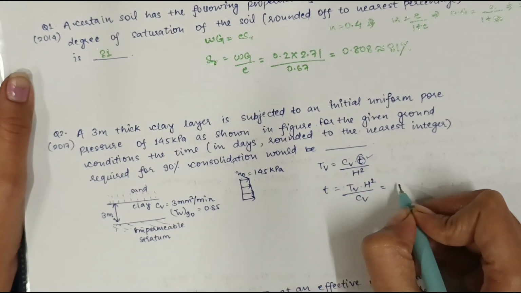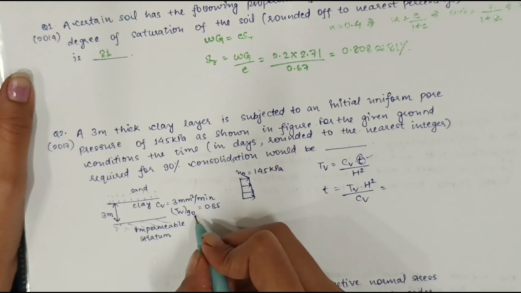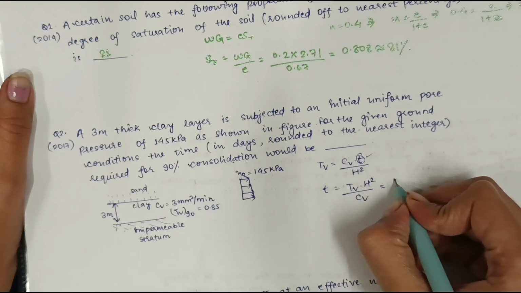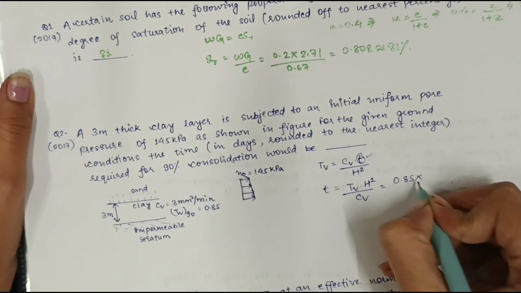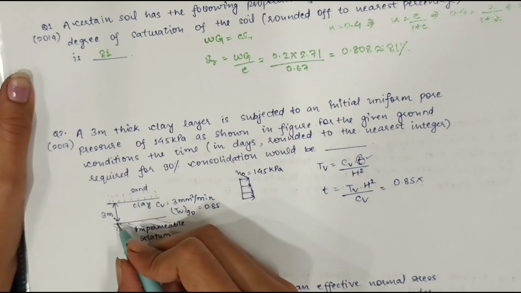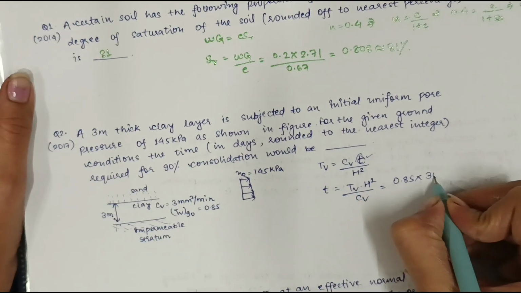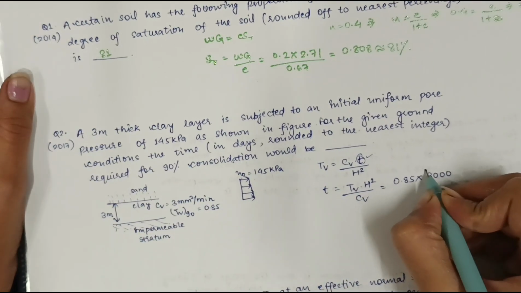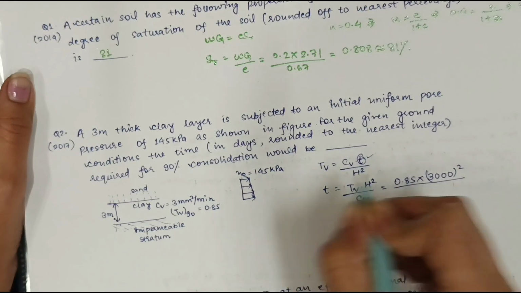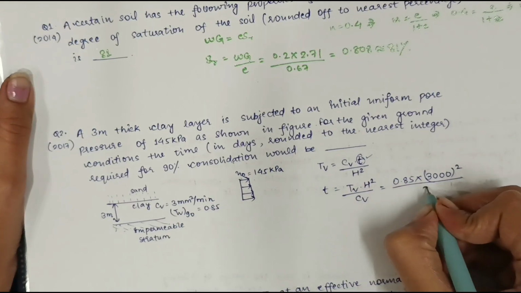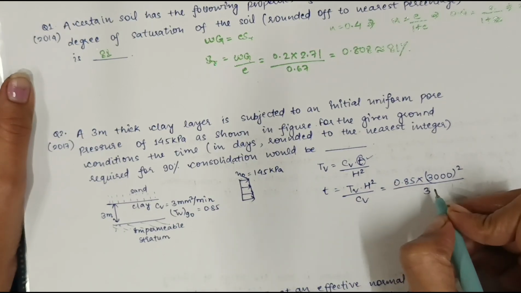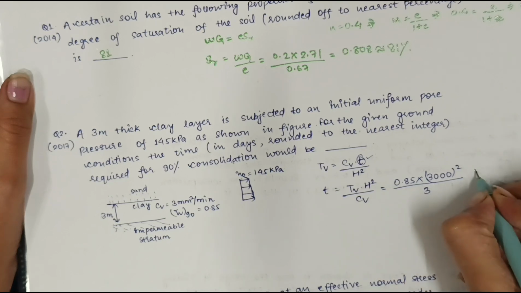So here time factor Tv is given. For 90-degree consolidation it is 0.85. Okay, and H is what? H height is 3 meter, which means it is 3000 mm. Okay, so Cv is 3 mm square per minute. Okay, so the answer will be in minutes.